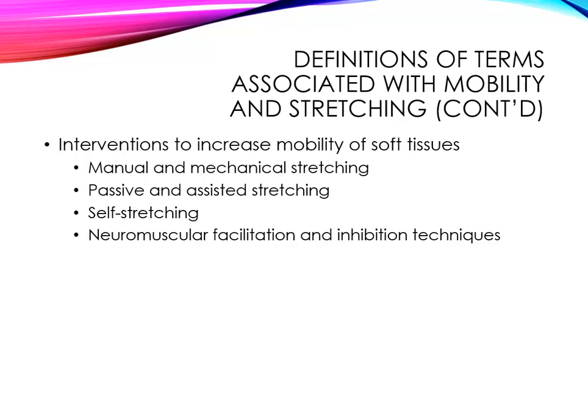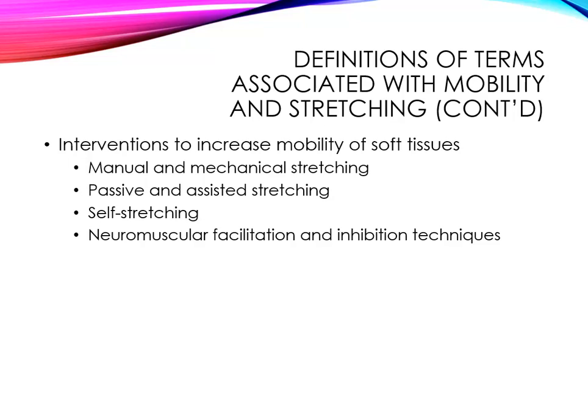Many clinicians and authors refer to these procedures as PNF stretching, active inhibition, active stretching, or facilitated stretching. Later on in the chapter, we will discuss more on the principles of PNF.